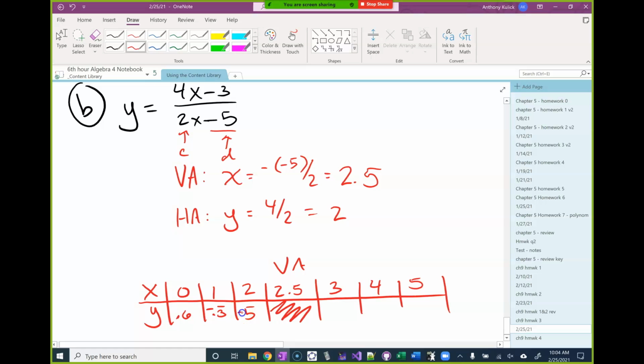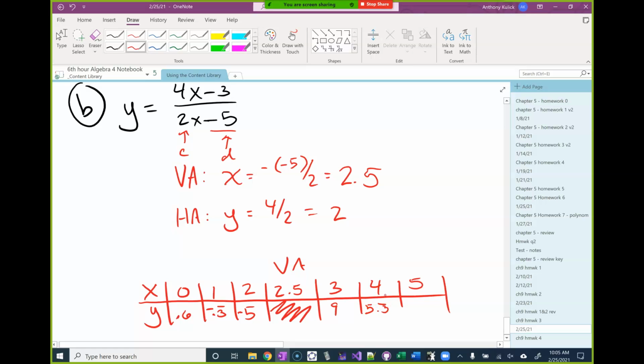So that's negative 5. If I plug 3 in, I get 12 minus 3 over 6 minus 5, which is 9. And we have 16 minus 3 over 8 minus 5. So 13 over 3, which is 4 1/3.